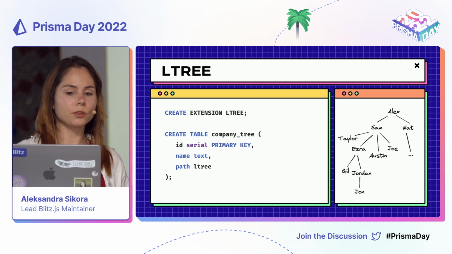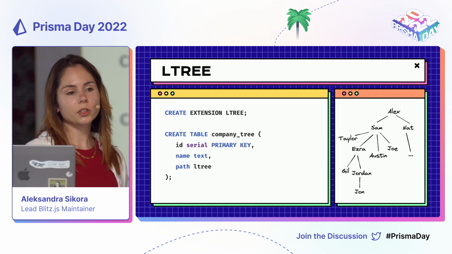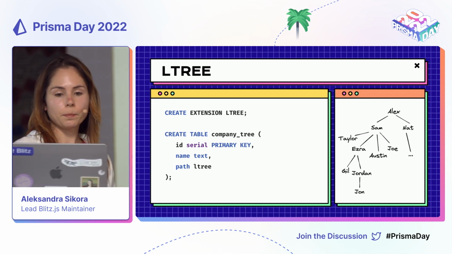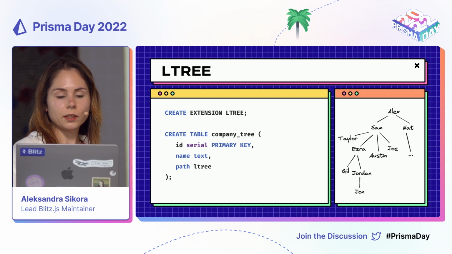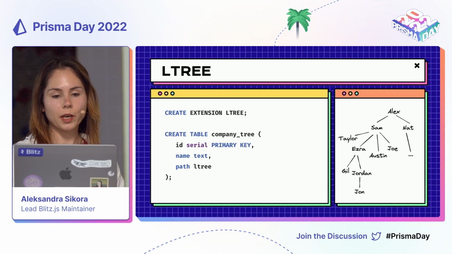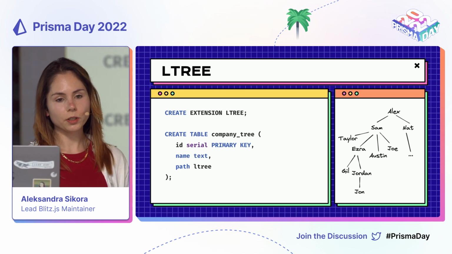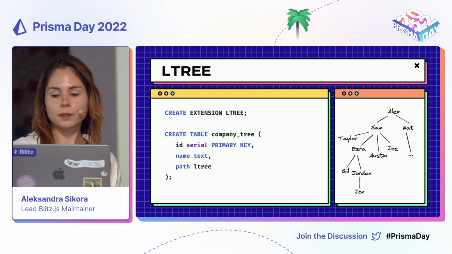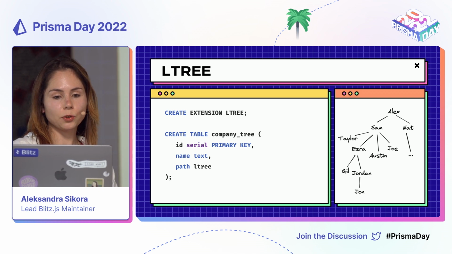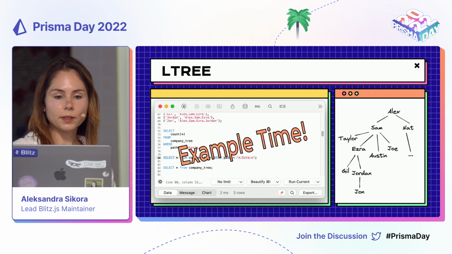In my example, the column is called path, and it can be any other name, but basically the path is a dot-separated string that you can then use ltree operators on to fetch some data. So now let's see an example.